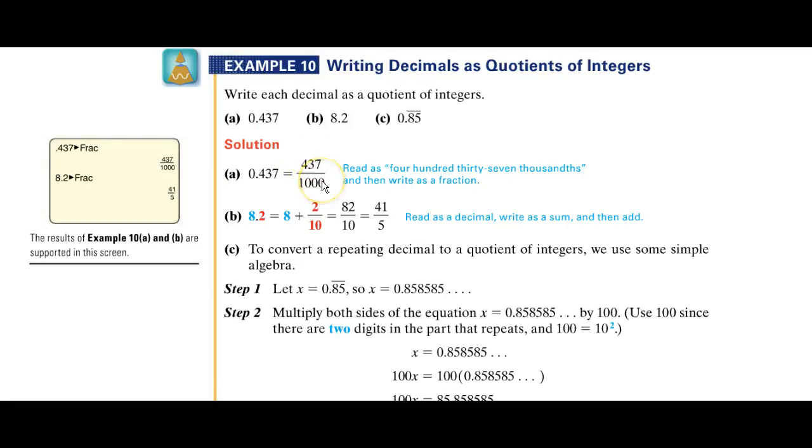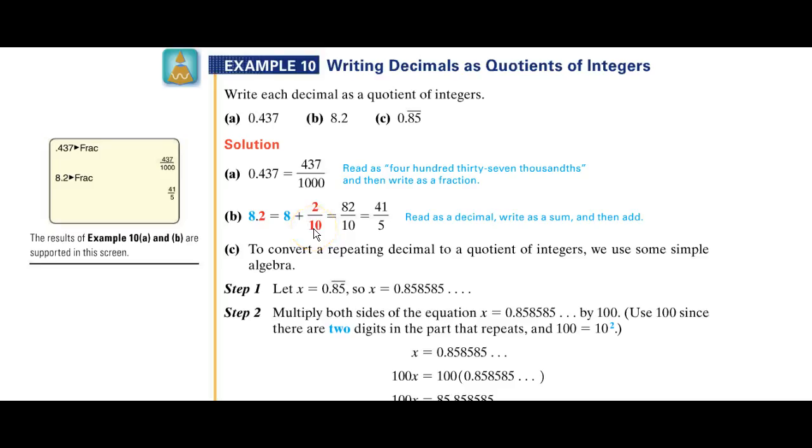And that one's pretty easy. For letter B, we put this over 10. This is to the tenths. And to get rid of our single decimal point there, in a sense, it's 8 2/10.